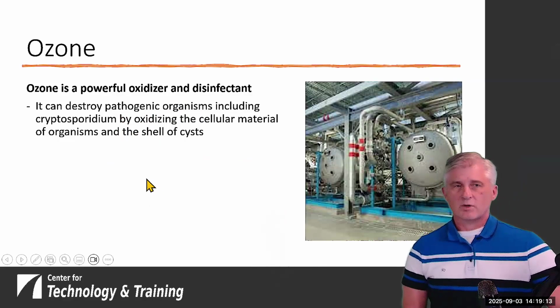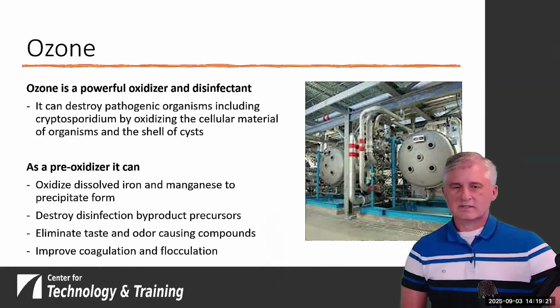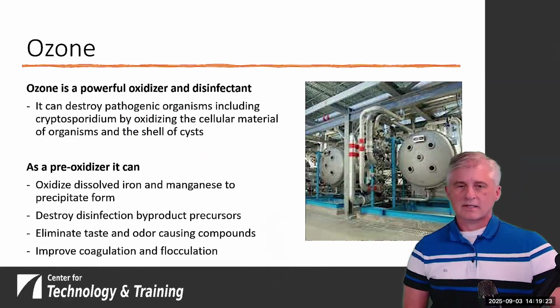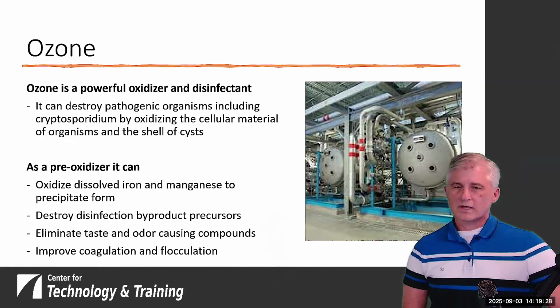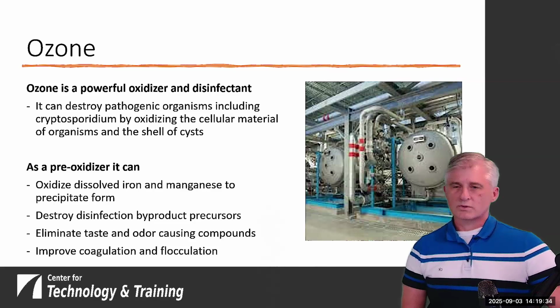Chlorine is an oxidizer as well, but ozone's a little more powerful one. One of the downsides to ozone is that it's very energy intensive. And with ozone, it's similar to UV in that only about 10% of the source water treatment plants in the US use ozone, and that's typically the bigger systems.